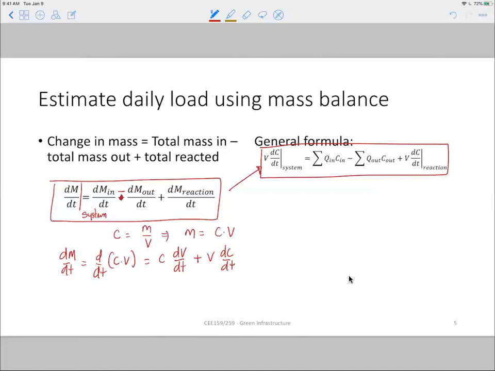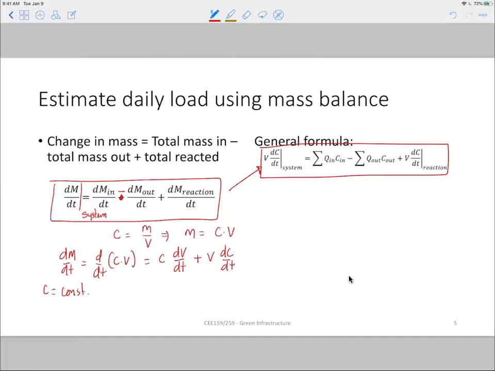Now, because C and V are independent from each other, at least the C in these equations, we could write that in this form. There are two conditions for that. First, in some systems, concentration can be constant.